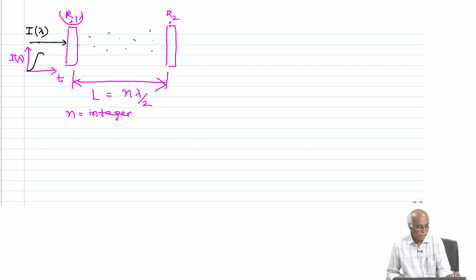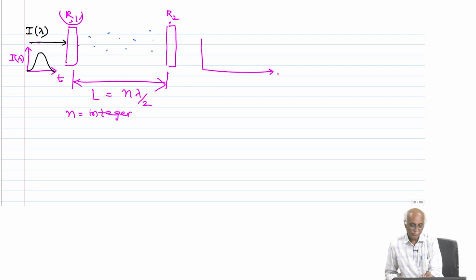What we will see as the transmission characteristics with time, the intensity of the transmitted light, will be large initially, but slowly with every round trip it will decrease.